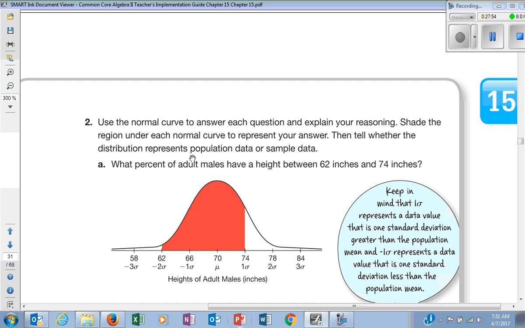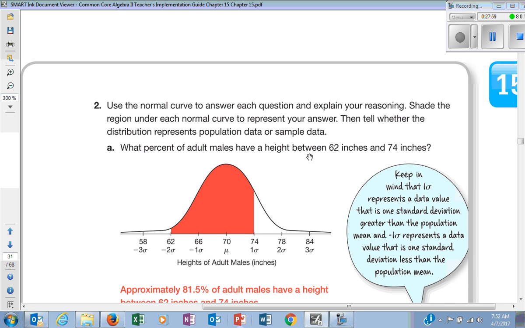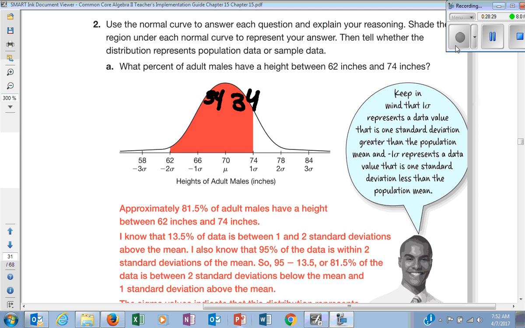Tell whether a distribution represents a population or a sample. What percent of adult males have a height between 62 inches and 74 inches? Right here, I know that this is 1 standard deviation, and that this is 2 standard deviations below. We figured out all those percentages. We said this is 34%. We said this is 34%. And this one was worth 13.5.